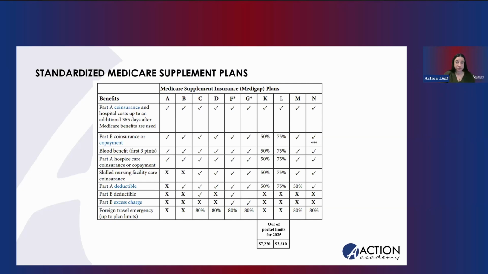So just keep in mind too, some of these plans offer high deductible versions as well. So that's F and G. You'll see that little asterisk there. And the out-of-pocket max is down there for those plans.